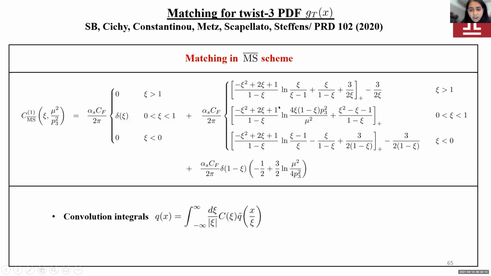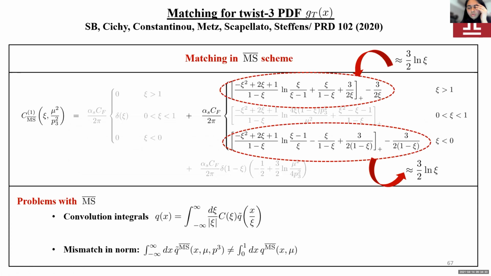Now, what is done in practice is to embed this coefficient into a matching formula, which then involves the convolution of that with the non-perturbative input for quasi-PDF from lattice. I'm going to blur this delta function since it doesn't contribute to the convolution. However, there are major issues with this part of the equation. So let's go through that. The real corrections for quasi-GT scale as 3 divided by 2 xi for large xi.